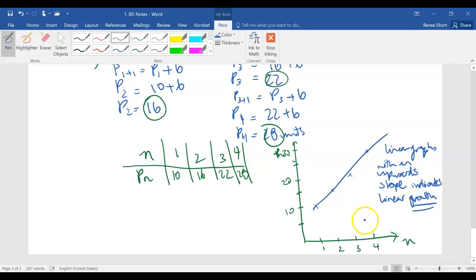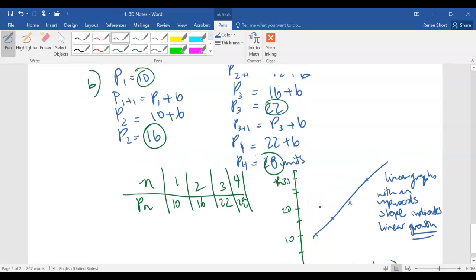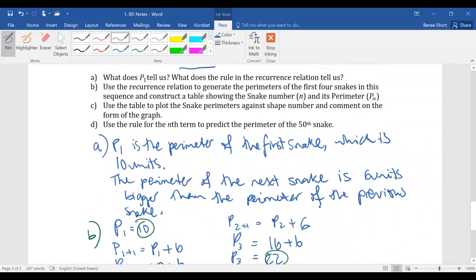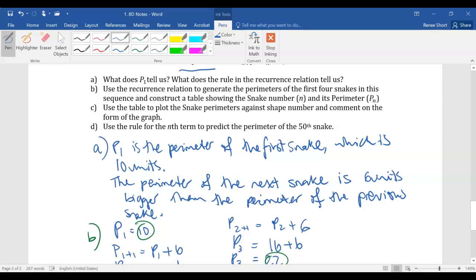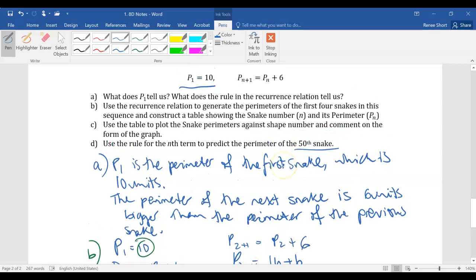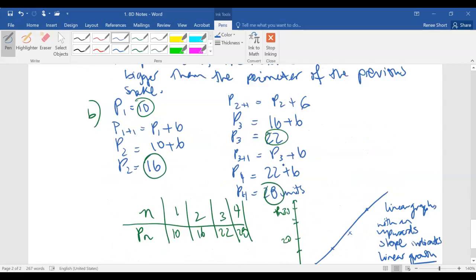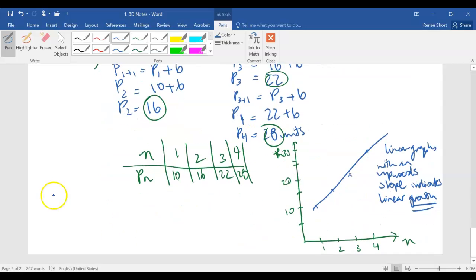Now, the final question here, it says use the rule for the nth term to predict the perimeter of the 50th snake. So this wants us to rewrite it now to find it for any term. So remember the nth term, so we need to say Pn equals a, so our first value, which was 10, plus n minus 1 times the common difference, which in this case is plus 6.